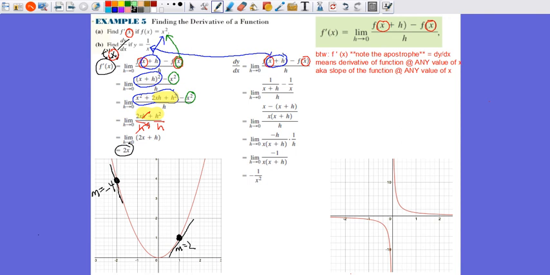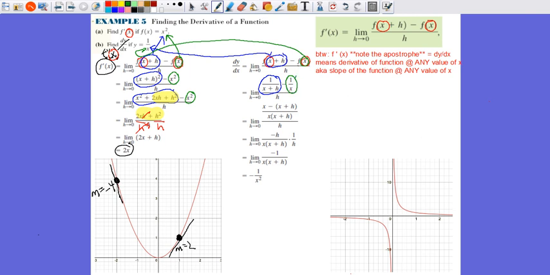Here we are plugging in x into the x right there. So now the blue becomes this, and the green becomes this.